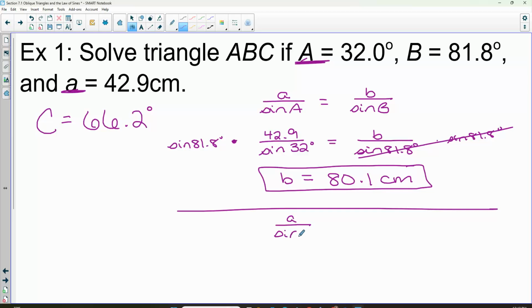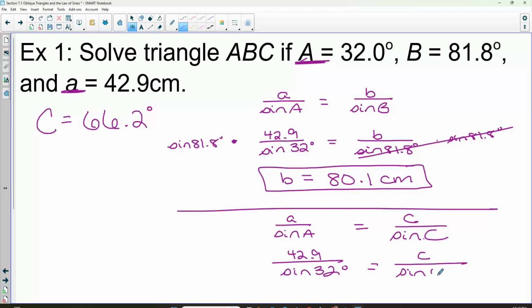I say a over sine A is equal, this time I'm looking for c, so I could do c over the sine of C. So side a, 42.9 over the sine of 32 degrees. I don't know side c, but I know angle C is 66.2 degrees.